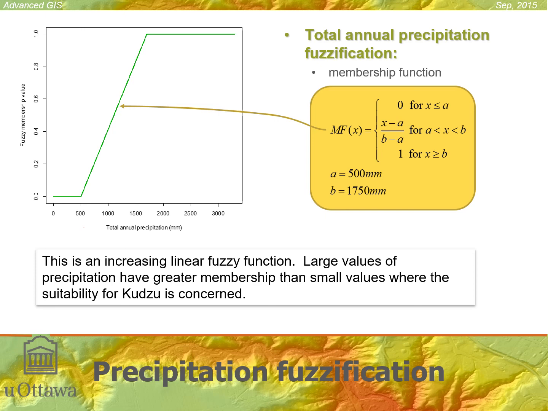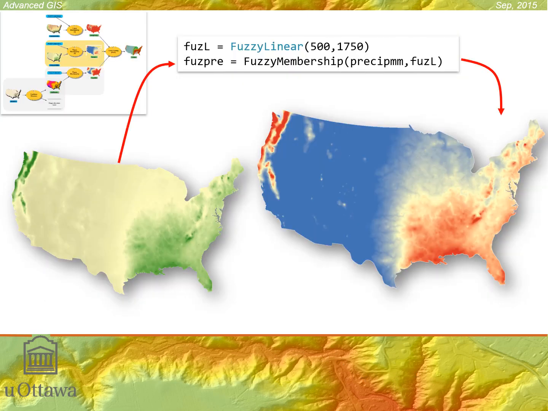So this is an increasing fuzzy linear function like the first one I explained, whereby we have some likelihood for the establishment of Kudzu, all other things being optimal, when we have precipitation of more than 0.5 meter per year. Once we get up to 1750, then we have full membership. So precipitation at 1750 and above will have full membership in the fuzzy membership value for the establishment of Kudzu. We do a very similar thing for that in Python.